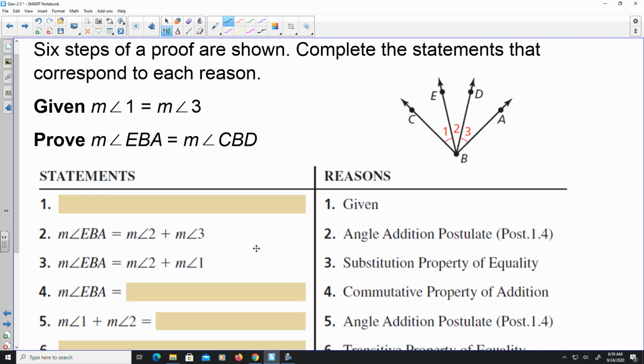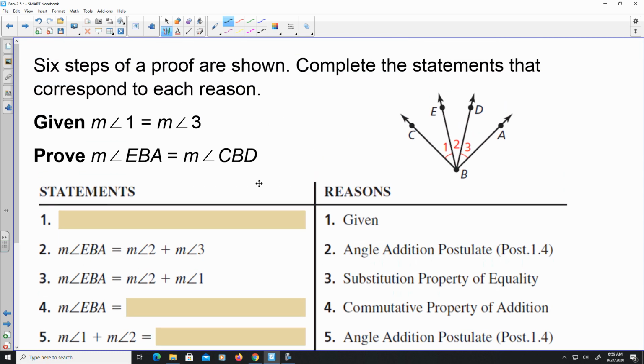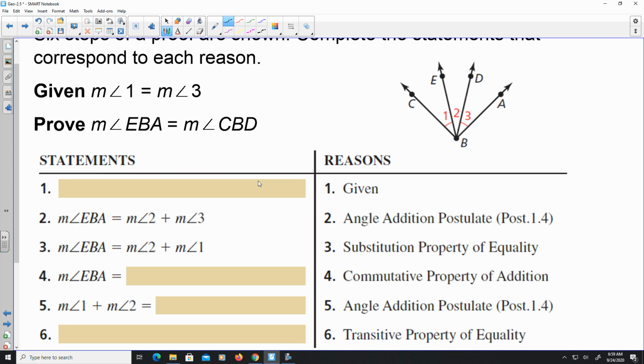Now, in this particular one, they gave us all the reasons, and now we have to fill in some of the statements. This is again introducing us to proofs, where I understand that it can be daunting and complex, but hopefully with practice, you will get better and better at it.